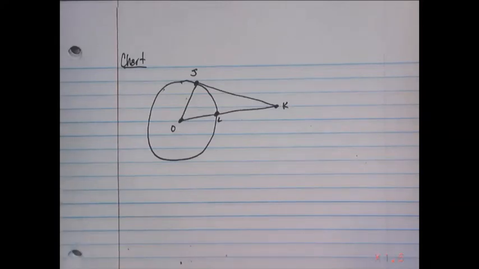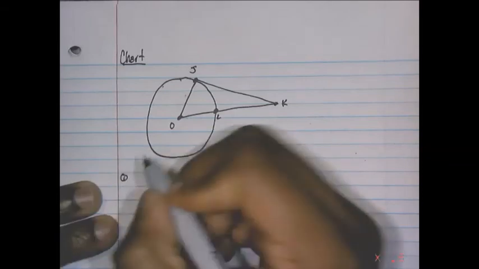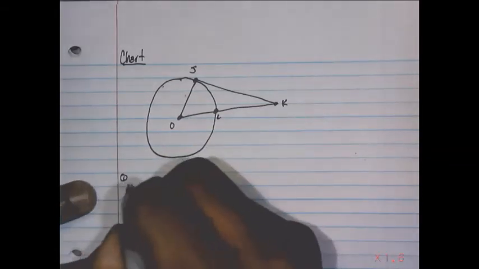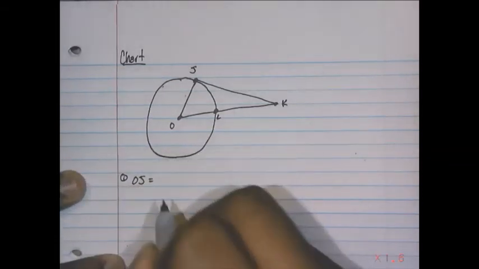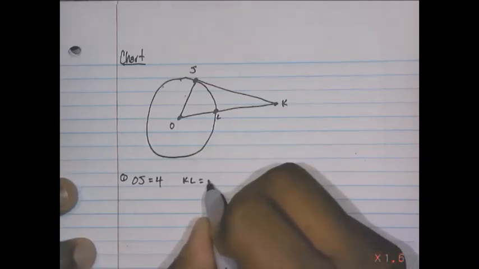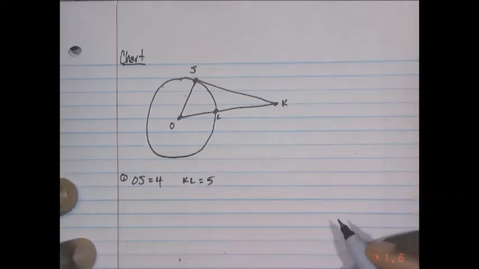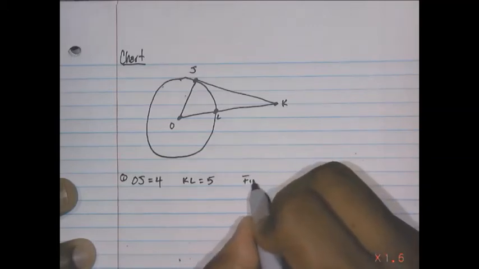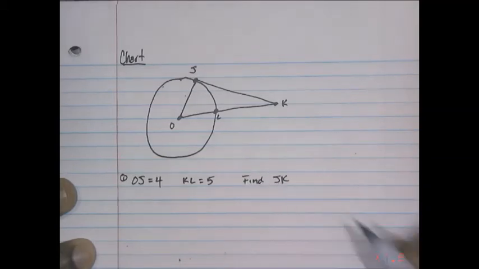So the first one, number one, says OJ equals 4. KL equals 5. They want us to find JK.